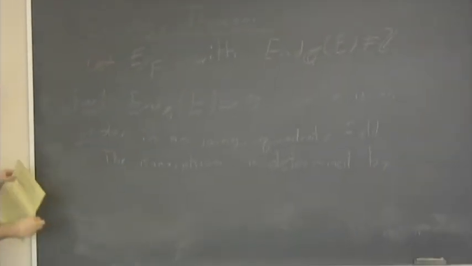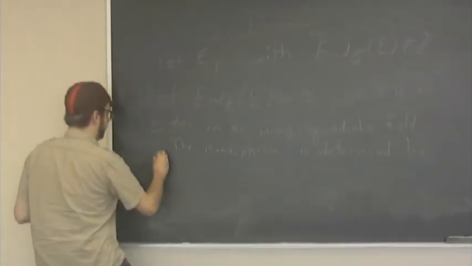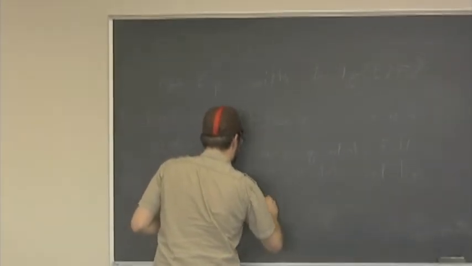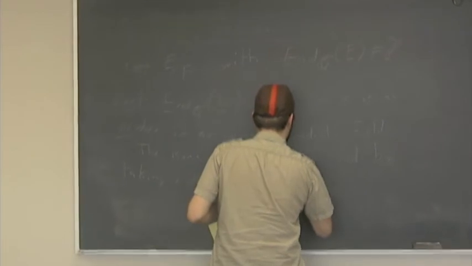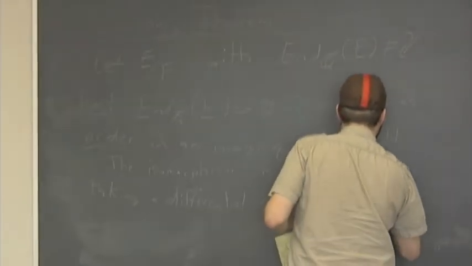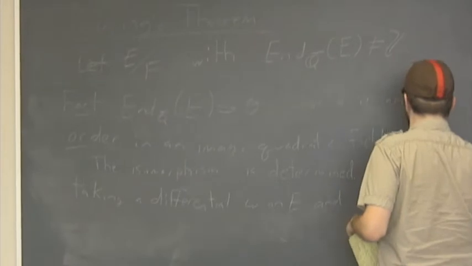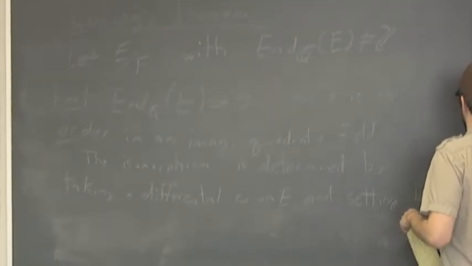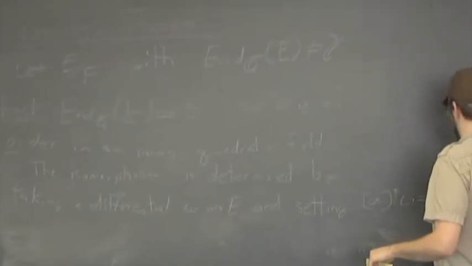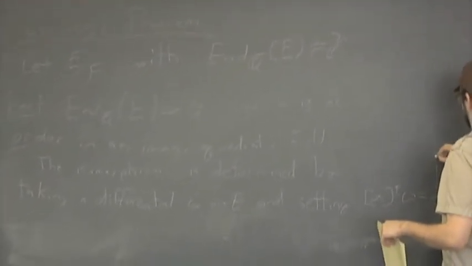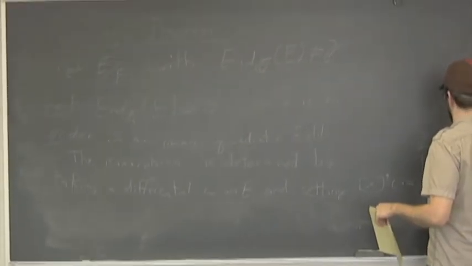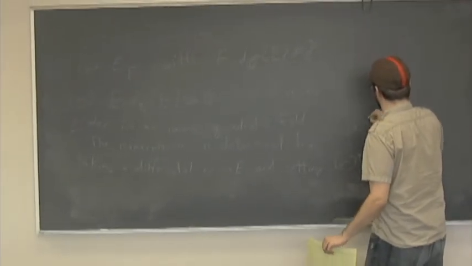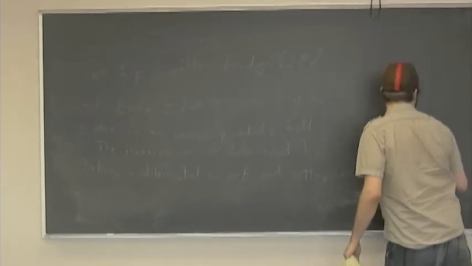I can pick a translation invariant differential omega of E. And I can demand that if I have an endomorphism alpha, then alpha upper star of omega is equal to alpha omega, where this is the image in Q bar, and this is the endomorphism. I find it hard to think of this rule without an example, so let me just give one.